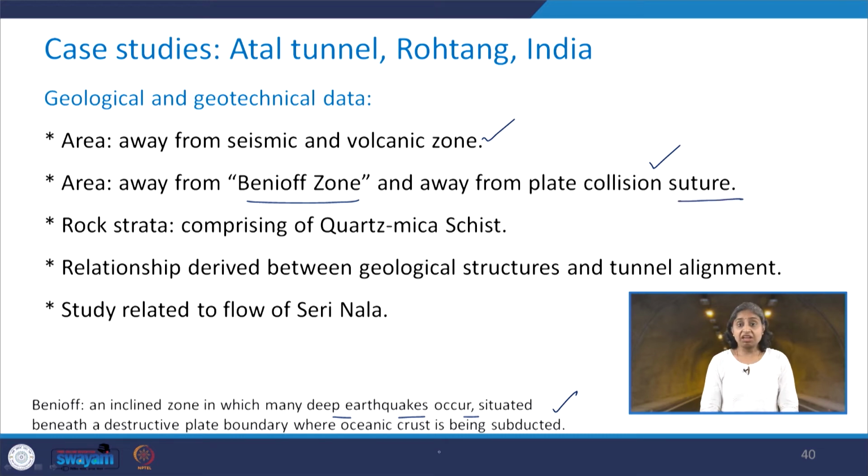The rock strata comprise quartz, mica, schist. The relationship was derived between the geological structures and the tunnel alignment, and the study was also related to the flow of the Seri Nala, which created one of the major challenges during the construction of this tunnel.